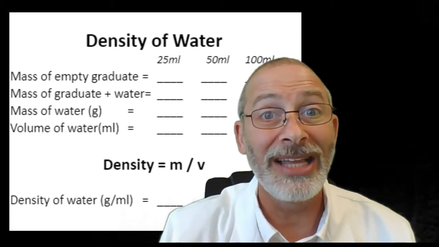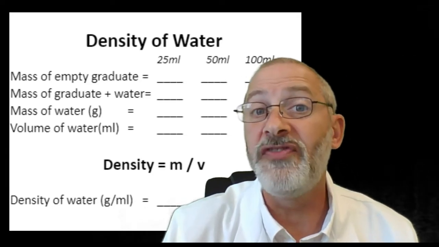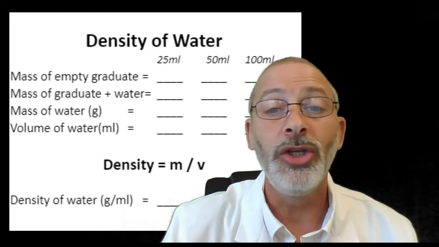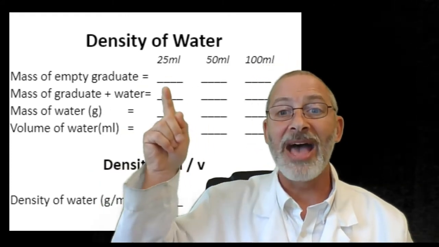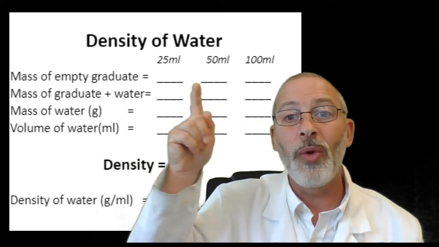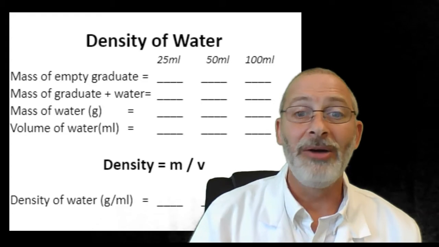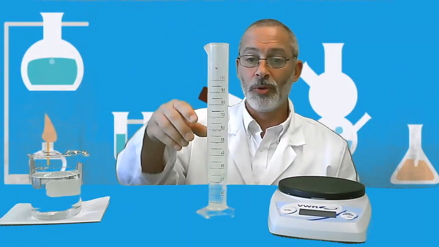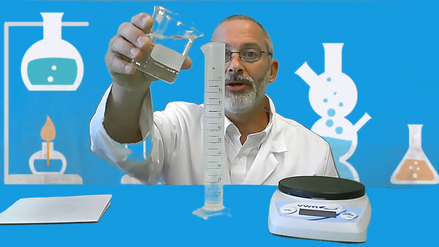So I'm going to collect the data for you, but you are going to have to fill in the rest of the blanks on your own. You already have the mass of the empty graduate all the way across. That has not changed. Now, I'm going to go back to our close-up view, and we're going to add another 25 milliliters.